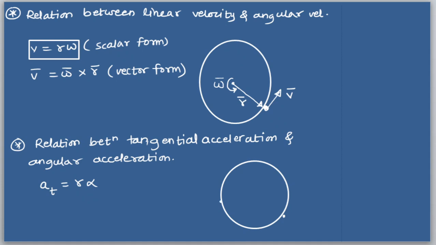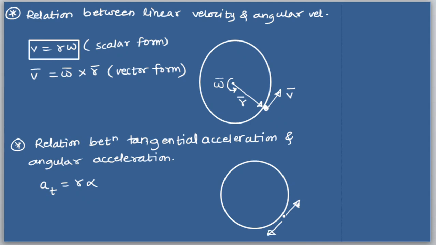Let's say the particle is moving anti-clockwise, and if the velocity of the particle is increasing in magnitude, in that case the tangential acceleration will be in the direction of velocity. Or if the magnitude of velocity is decreasing, then it will be opposite to the velocity, like this.